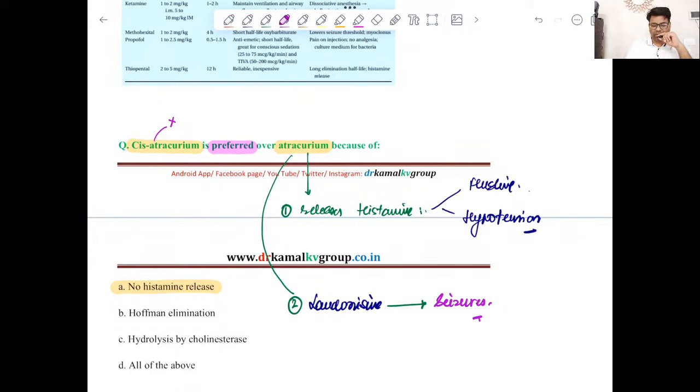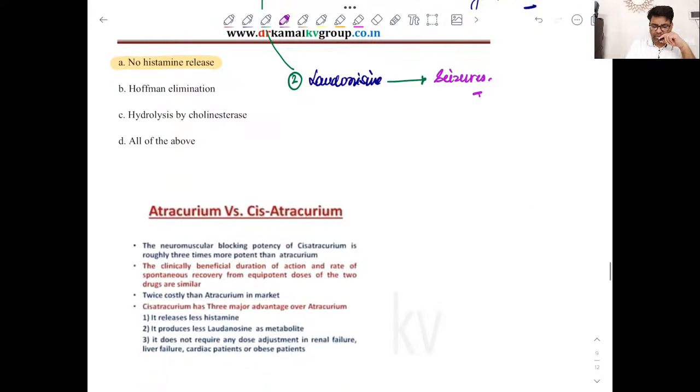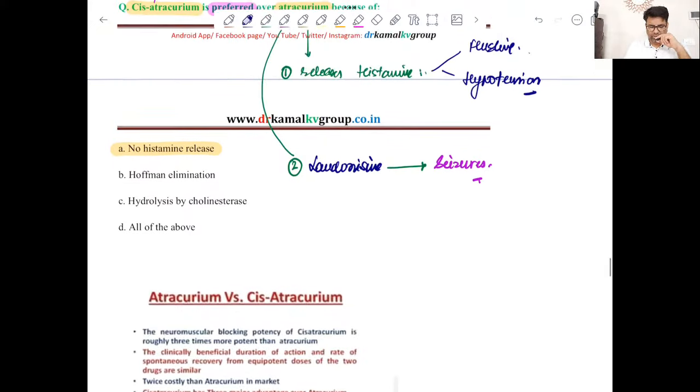So cisatracurium does not release histamine, and it does not result in laudanosine, and therefore the chances of seizures are minimized. That is the two important reasons why we prefer cisatracurium over atracurium. Number one, it releases less histamine, and number two, it releases less laudanosine, which is actually responsible for epileptic seizures, right? So these are two important differences between these two agents.